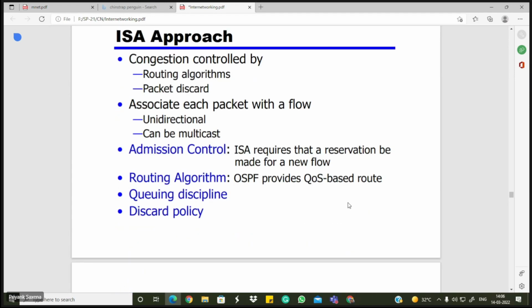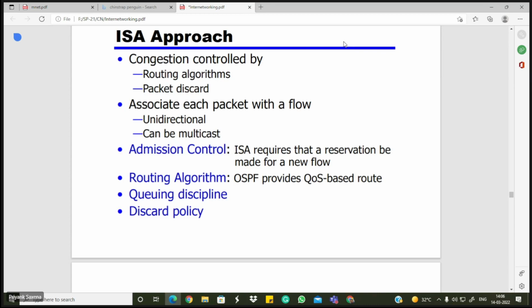What is the ISA approach? First of all, how is ISA implemented? ISA provides information in the routers itself.